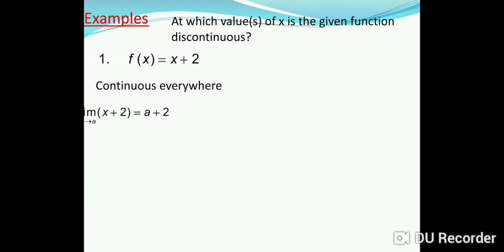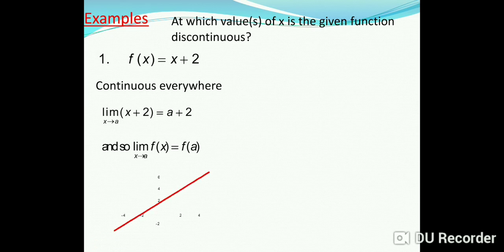Next, examples. At which values or value of x is the given function discontinuous. Here is the first example. For f of x equal to x plus 2, the function is continuous everywhere.